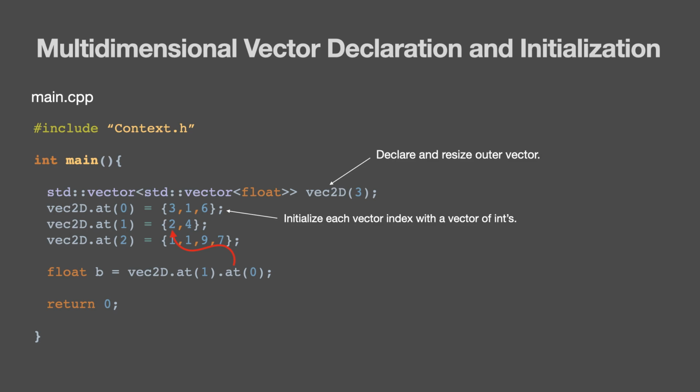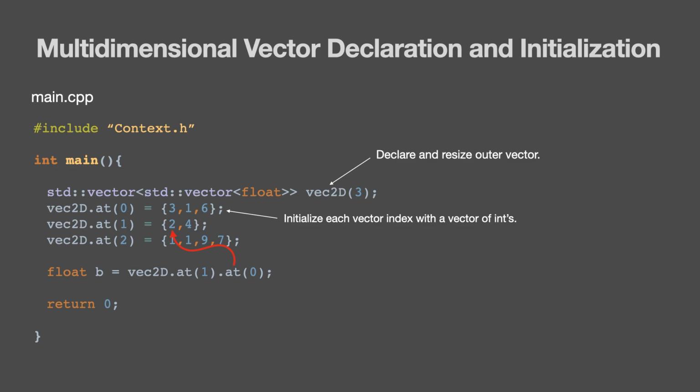If we index our vec2d at some value, this is indexing our inside vector of floats. So each of those 3 indices are a vector of floats. We could assign them using curly braces or using pushback. They don't have to be the same size. This is a nice feature. It doesn't have to be a square matrix.